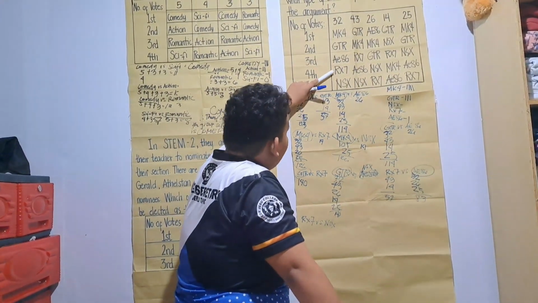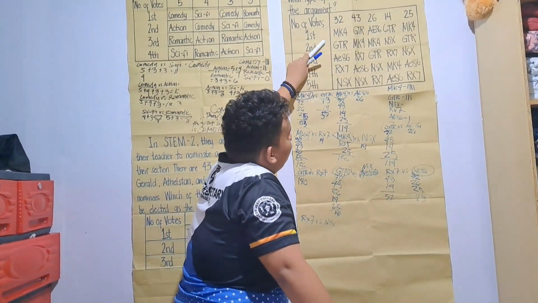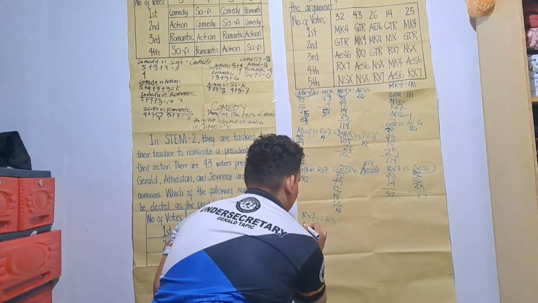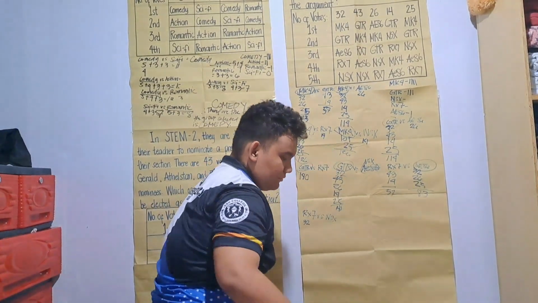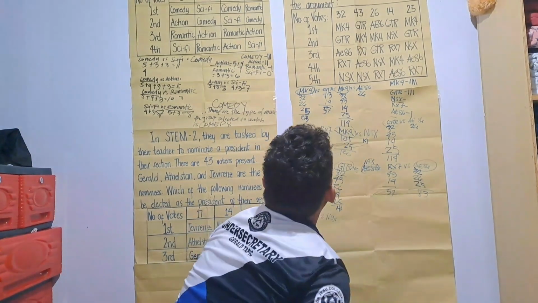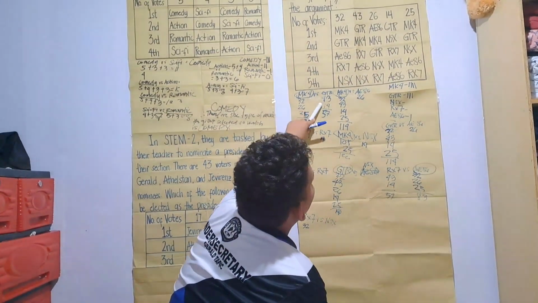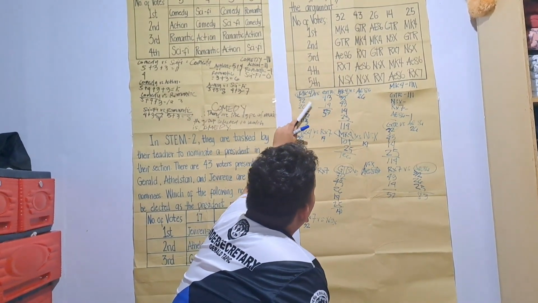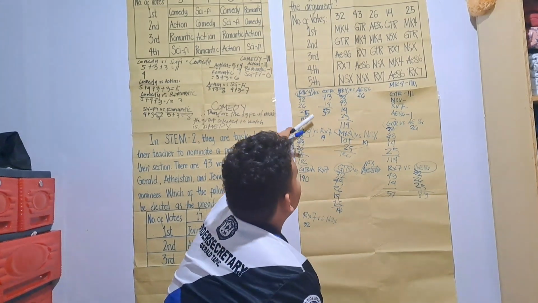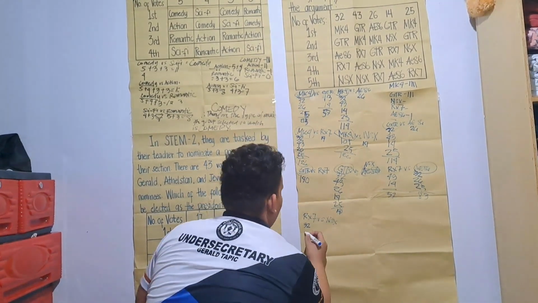In the table, RX7 is first, so 32 votes goes to RX7. Then NSX is last. In the second table, 43 voters vote RX7 first, then NSX. So the 43 votes goes to RX7.